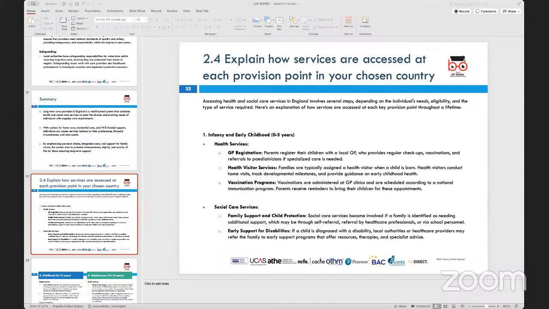So when we look at organizing these services, we are looking at different provision points from the point of view of England. When we talk about provision points from the point of view of the system, we are looking at the system through which we break these services down into various sectors, which could be healthcare, mental health care, social services, or educational support services.